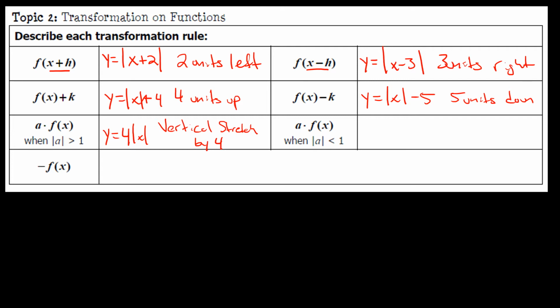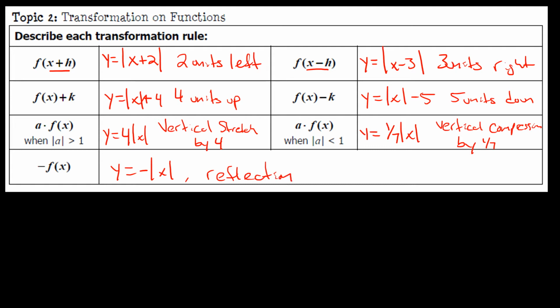And in that same fashion, if we have some type of fraction or decimal that is between 0 and 1, like y equals 1 over 7 absolute value of x, then that would cause a vertical compression by 1/7. If we have some negative absolute value, something like y equals negative absolute value of x, that will cause a reflection.